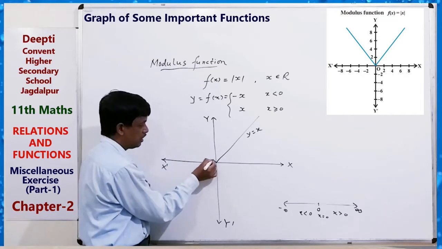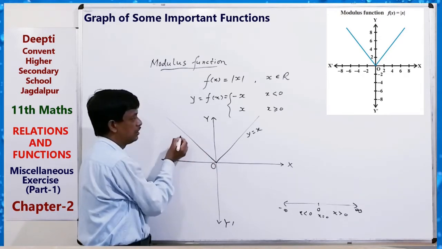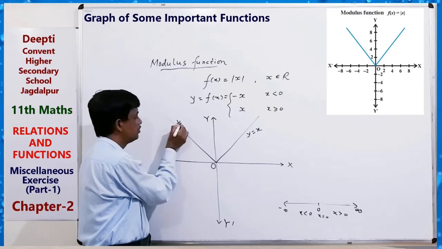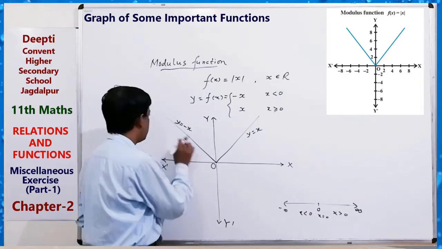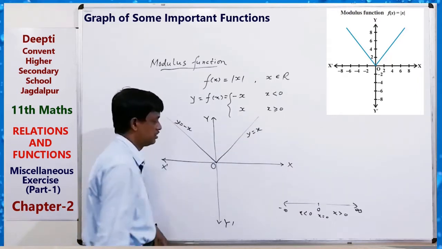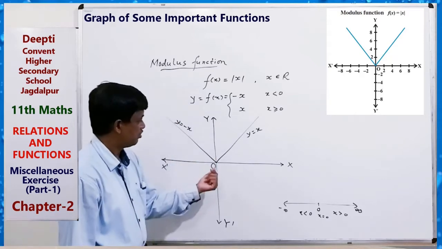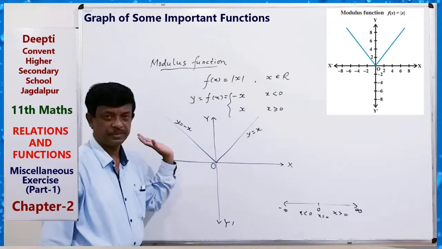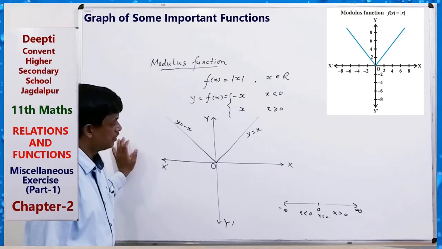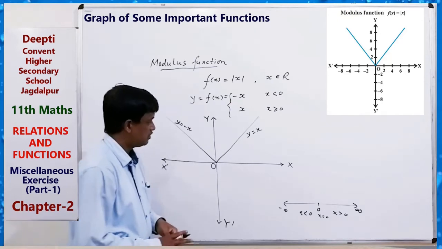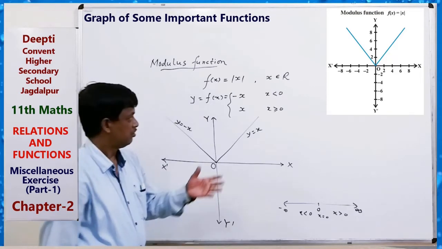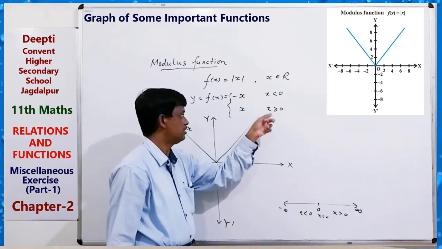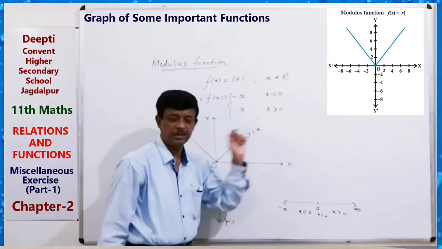So the graph is like this. Clear? This is y equals minus x. So this is the graph of the modulus function, a V shape, from 0 to this, |x|. And the mod can be broken by using this condition.